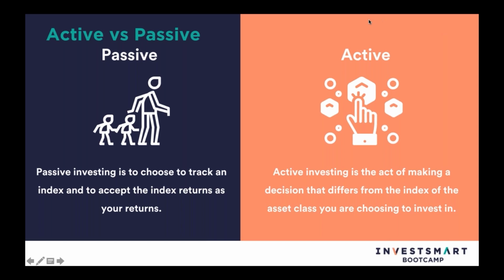So the active versus passive. Passive investing, you're basically choosing to get the return that the market is offering. So in this instance, if you had an index like the Australia 200 index by the S&P, they are just tracking how the top 200 Aussie shares by capital weighting, as in their size, are performing each day.